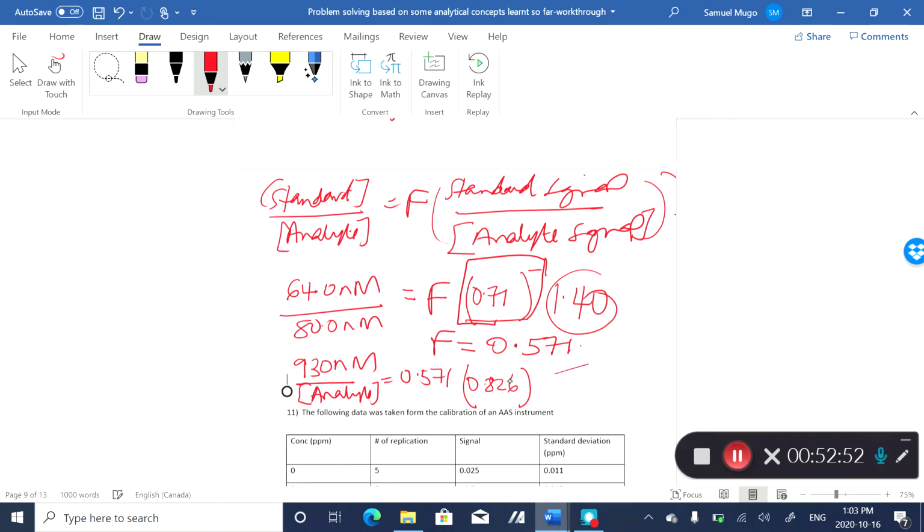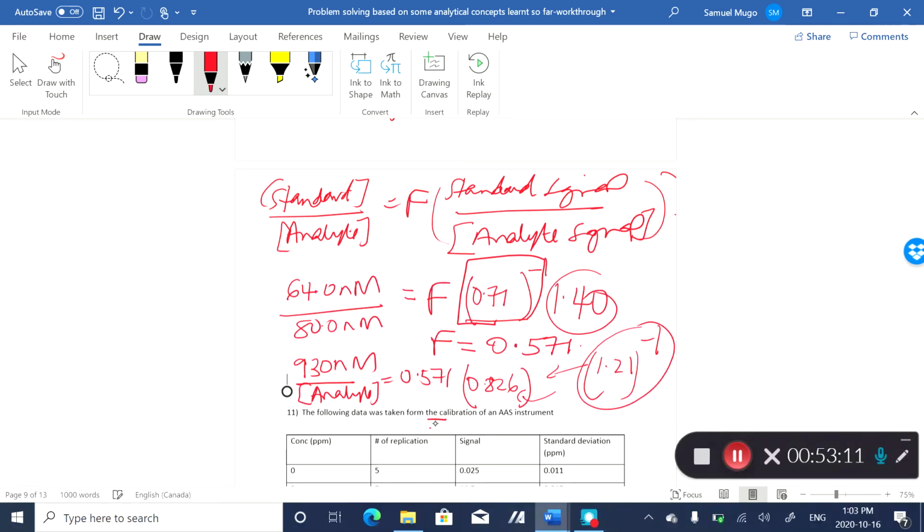Of course, the ratio that you've been given up there is 1 to 1.21, but this one is given for analyte over the signal, so you need to take the inverse of that. And when you do that, you get 0.826.